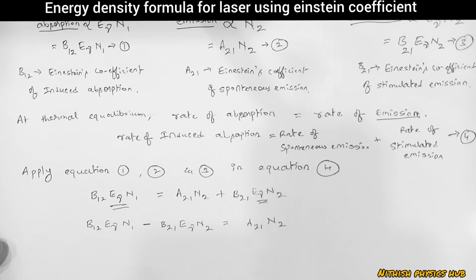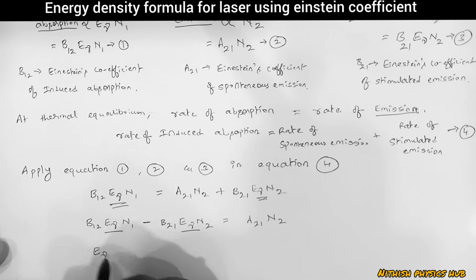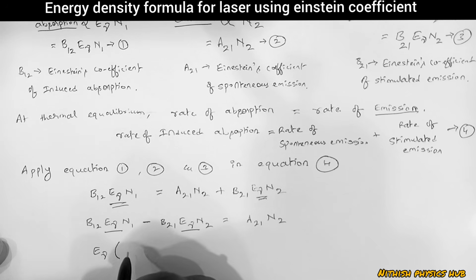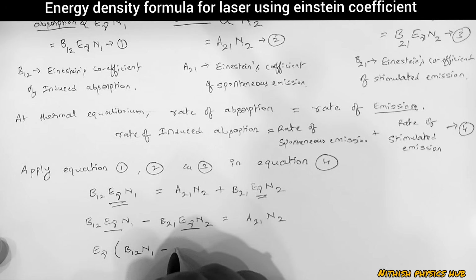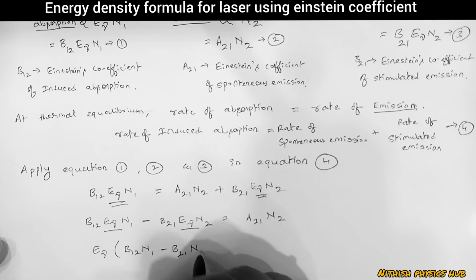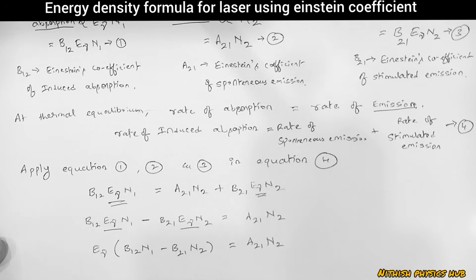Just we will be shifting the equation. Now I will be taking energy density E mu as a common term outside, and the equation will go as E mu times B12 N1 minus B21 N2 is equal to A21 N2.